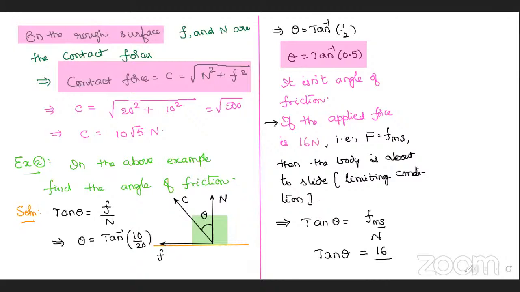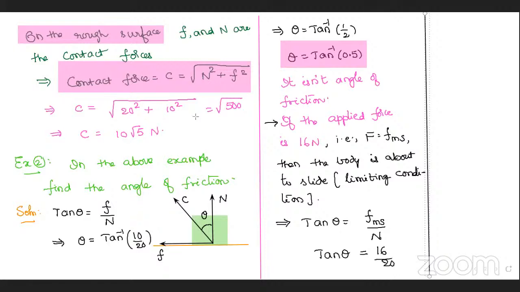N is how much? N is 20, so 20 divided by 20. I think we are not getting 45 degrees. Oh, that is your doubt now.